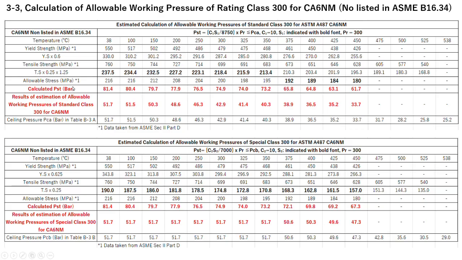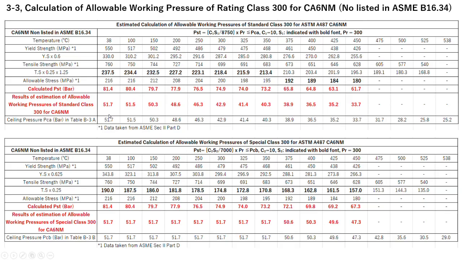So calculate the PST: 81.4, a very high working pressure calculated. Then there is the ceiling pressure for standard rating. So compare the calculated number with the ceiling pressure. The lower one is the indicated ceiling pressure.